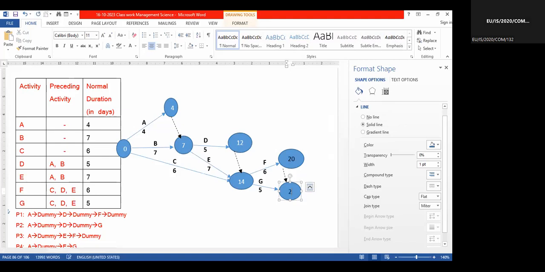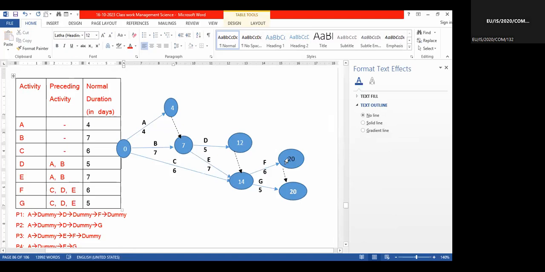So the project's completion time, how many days? 20 days. 20 days.